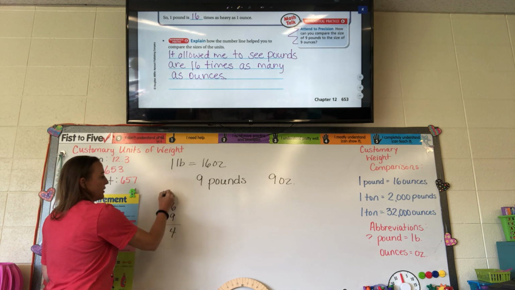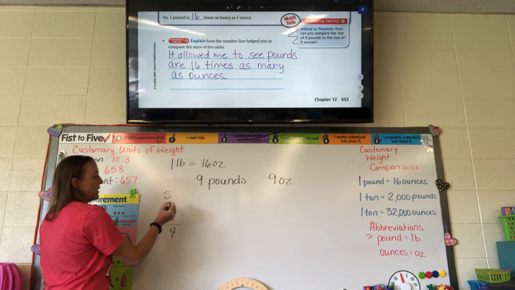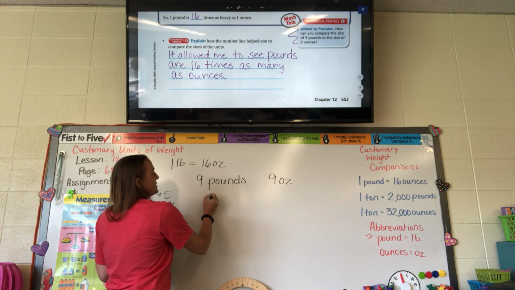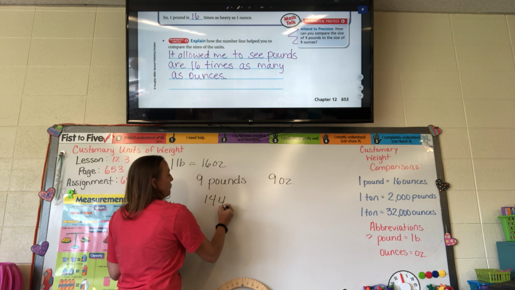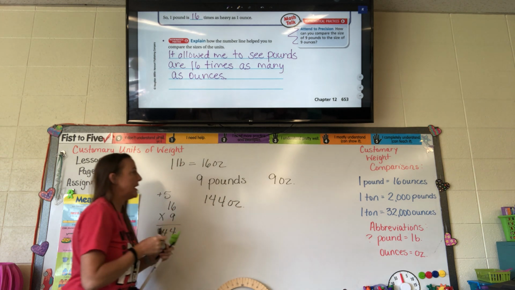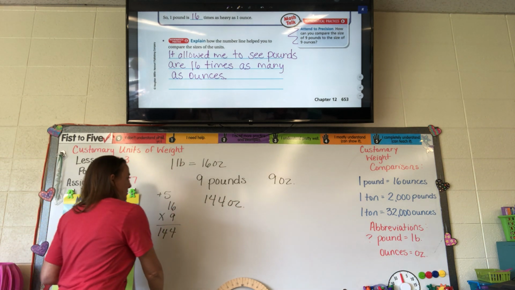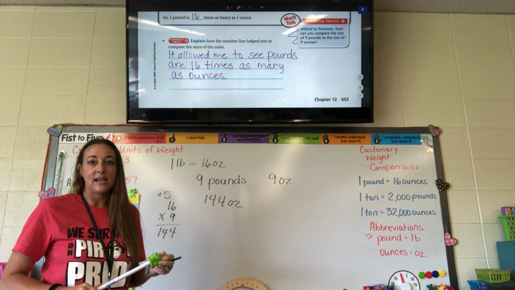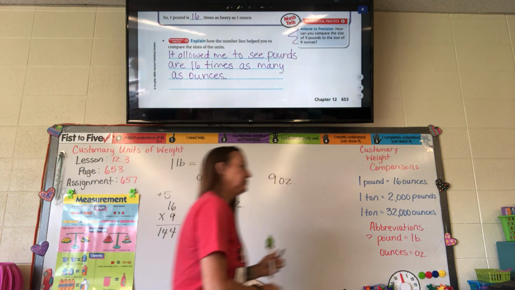Put down the 4, carry the 5. 9 times 1 is 9, plus 5 is 14. So 9 pounds is the same as 144 ounces. Okay? So 9 pounds is 16 times the size of 9 ounces.